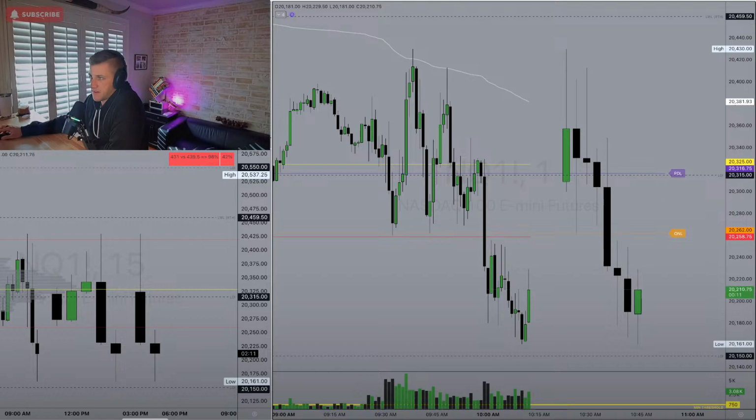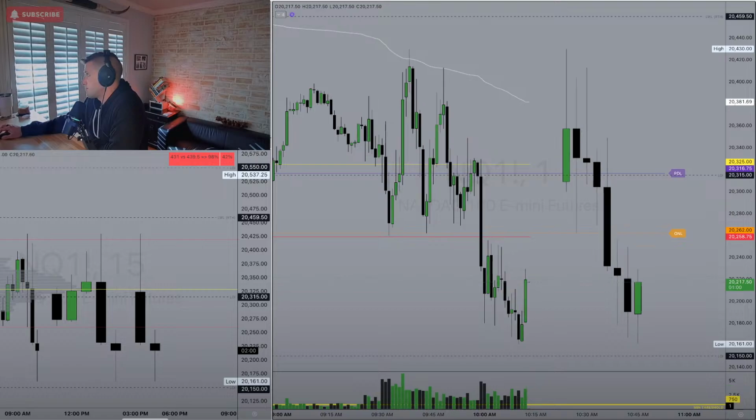A little bit of a bounce there, not quite where I wanted to see price, personally. Keep an eye on this next 15-minute bar here, closing in a little less than 2 minutes.